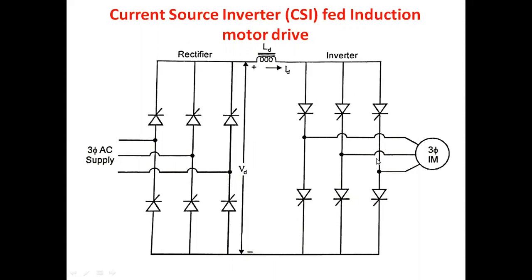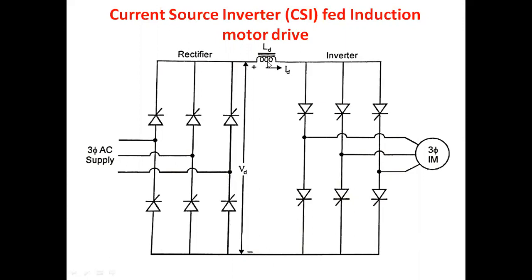This is simple. A voltage source inverter can easily be converted into a current source by inserting a bulky inductor in series with the voltage source, where we are giving input to the inverter.